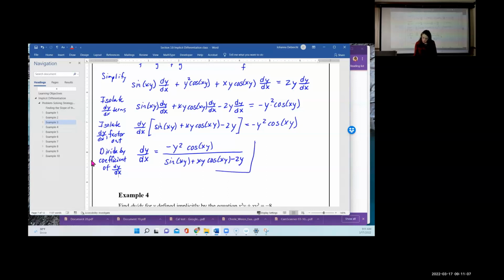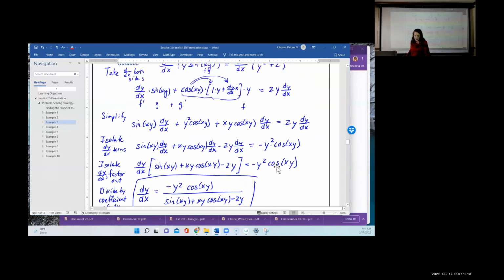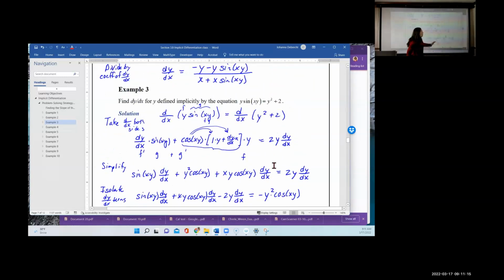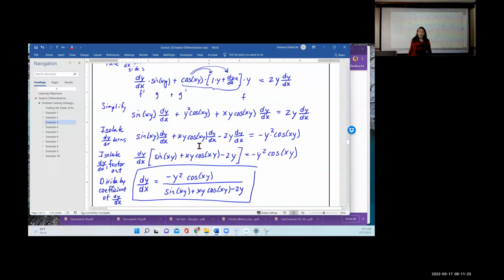So this is a formula that represents the derivative of the original y with respect to x. So even though we weren't able to solve this equation for y, we were still able to get a formula that will give us the derivative of y with respect to x. And this, of course, represents the slope of the tangent line to the curve at any particular point.